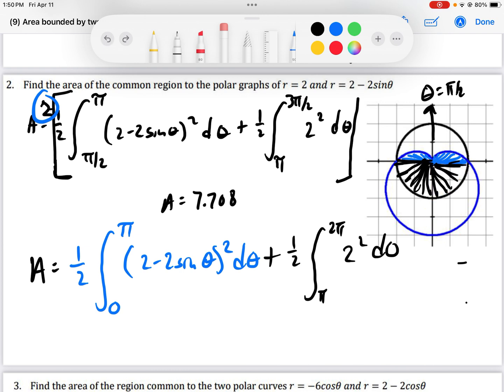You could go from negative pi over 2 to 0 using that radius, which is 2, integrate that, then from 0 to pi over 2, add those together, then double it. That's just another way. So there are several ways to do the same thing. As long as you try your way and you get 7.708, you should be good.